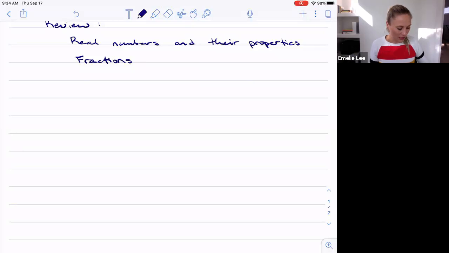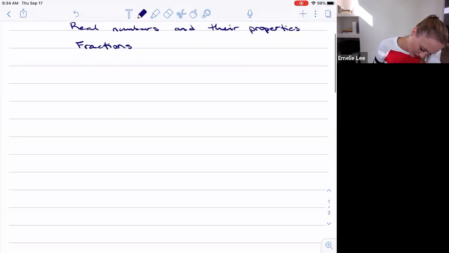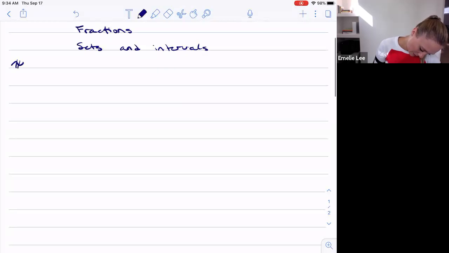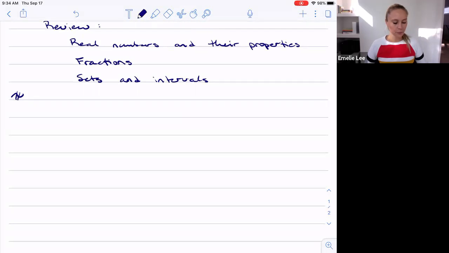Then we started talking about sets, and today we're going to keep talking about intervals. So not really a review, but just a list of things that we talked about. Okay, so we're going to keep going with these intervals.